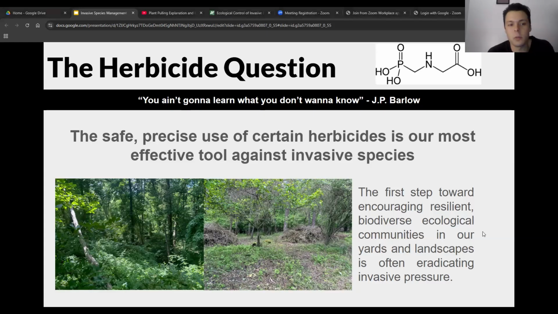It is one of the most important tools in our toolkit. And functionally, we would not be able to remedy habitats and ecosystems that have been invaded without it. So it really is the first step. You can go to the next slide.